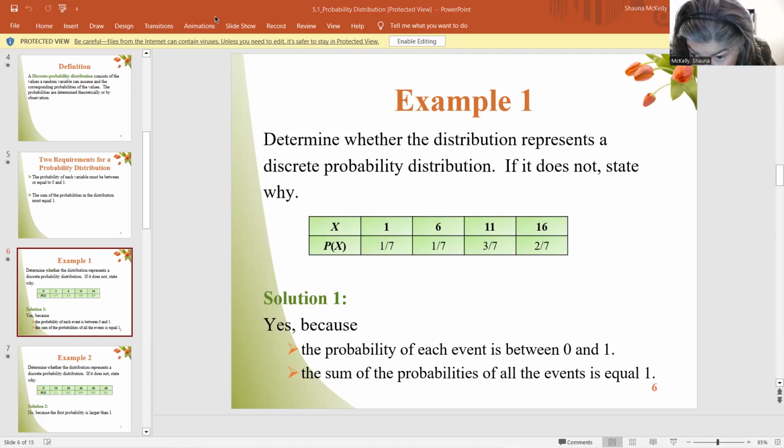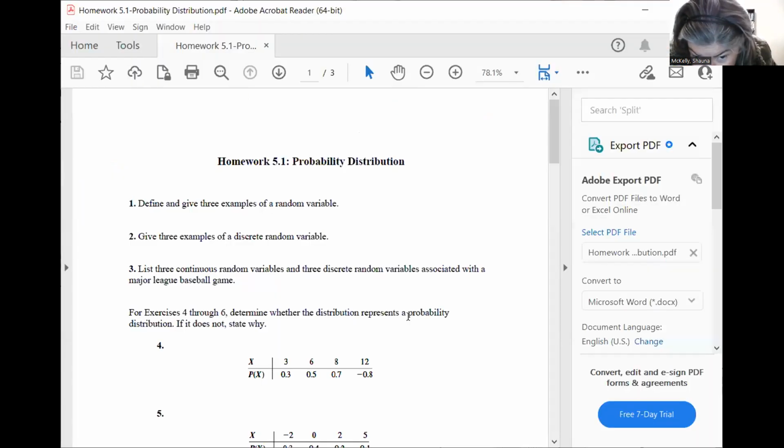So let me show you the homework assignment here. Okay, so the first part is define and give 3 examples of a random variable, okay? And then give 3 examples of a discrete random variable. So she wants you to define a random variable, and that's in your book.